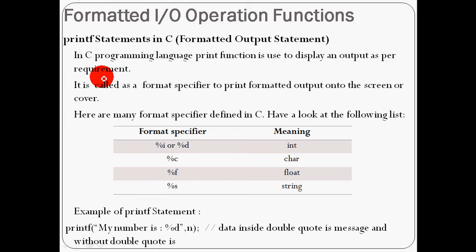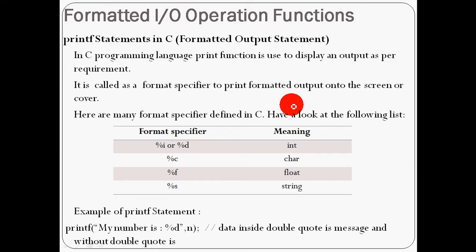Built-in data type means it works with integer, it works with character, it works with float, and it also works with a string. In order to display the output in a formatted way or user-defined format, we use the printf function.